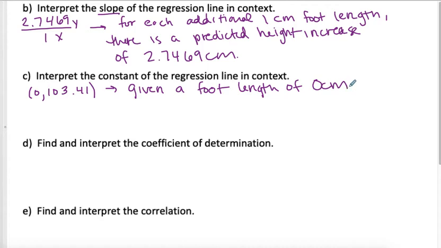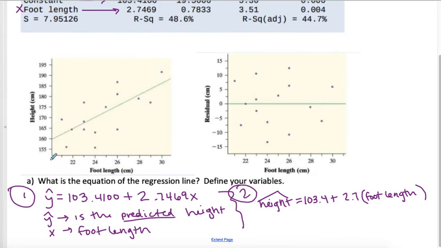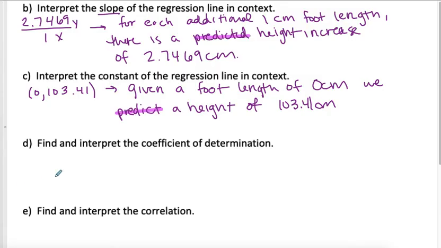This would be like if we cut off your foot, we predict a height of 103.41 centimeters. And again, this is all about our predicted height. Anytime we're talking about the y values, there's a reason that we have these as our predicted outcomes. Y hat, height hat. These are predicted, not observations.